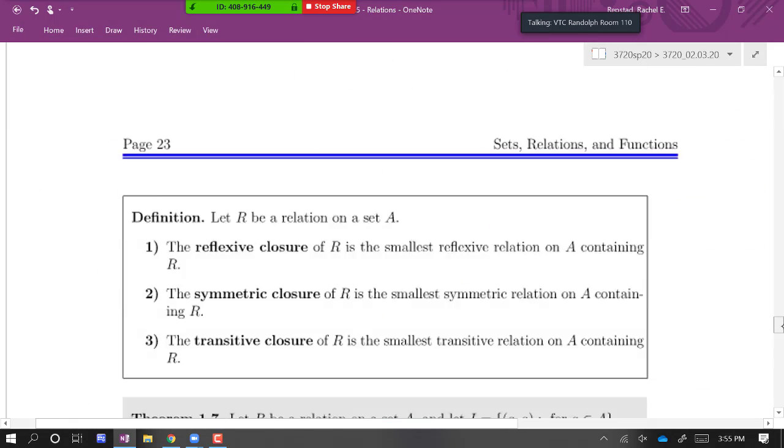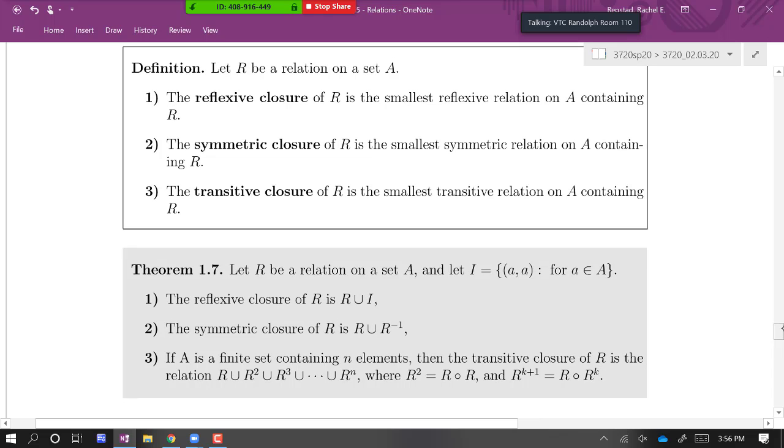The symmetric closure is defined analogously. So you see, is it symmetric already? If it is, it is its own symmetric closure. If it's not symmetric, you just see what's missing in order to make it symmetric, and whatever it's missing, you just add that in. Similarly for a transitive closure. Add in whatever ordered pairs might be missing to make it transitive.